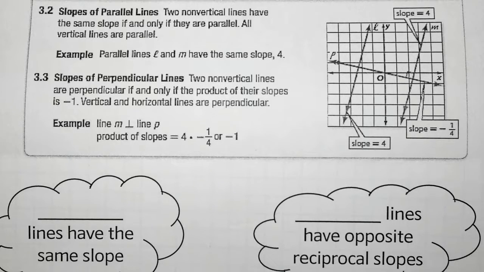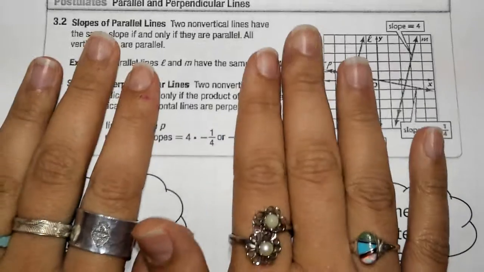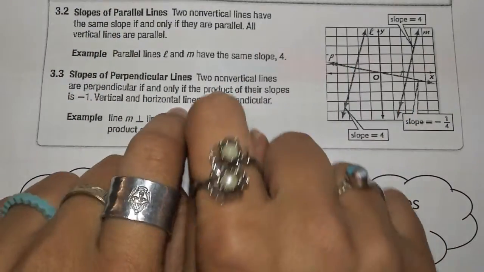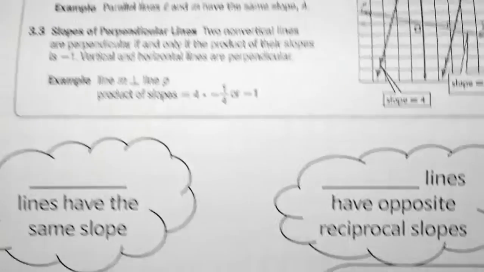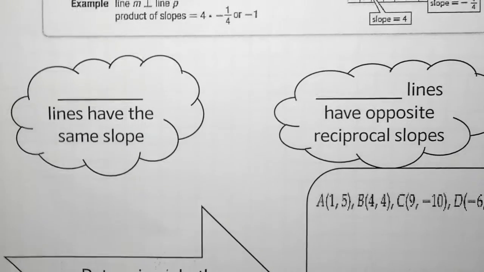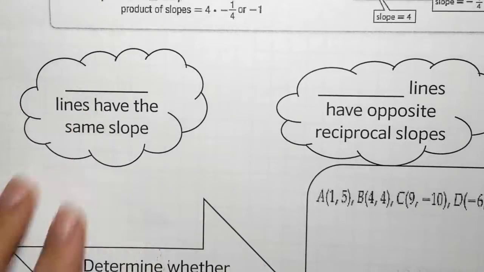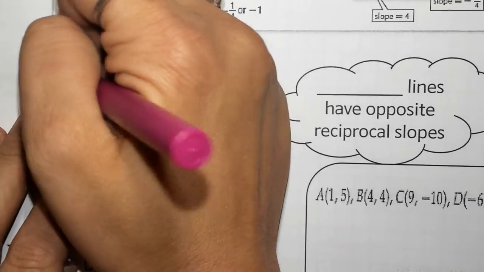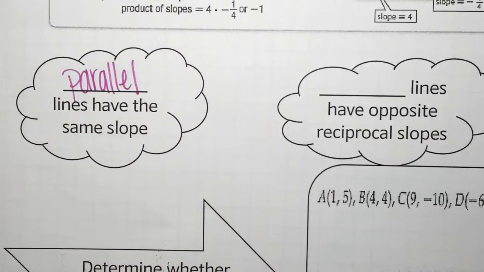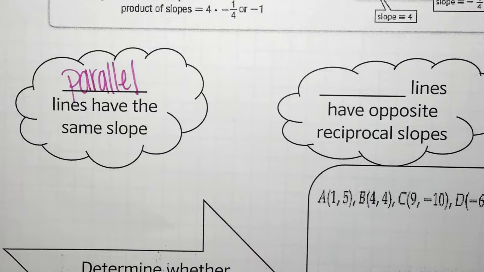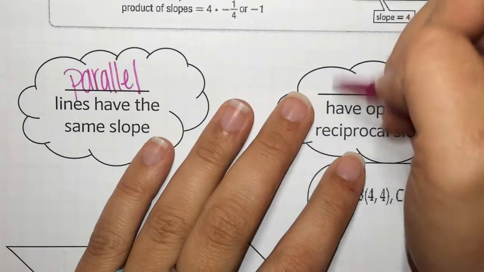Alright, let's do this. Now we're going to apply slope to parallel and perpendicular lines. Parallel lines have the same slope. Let's write that right here. Which lines have opposite reciprocal slopes?